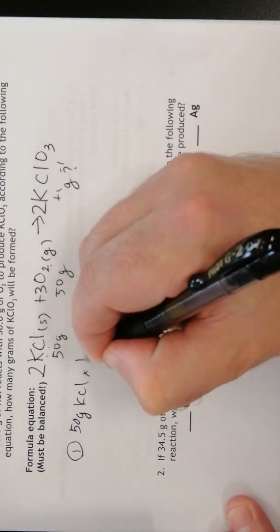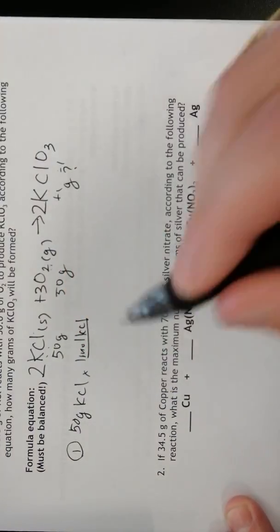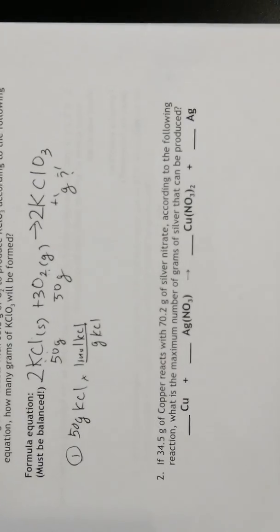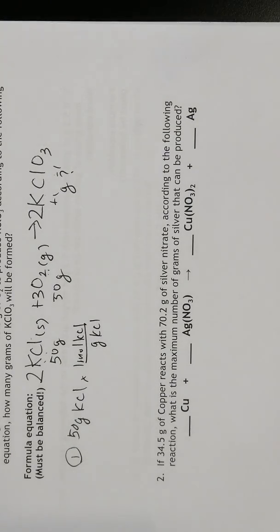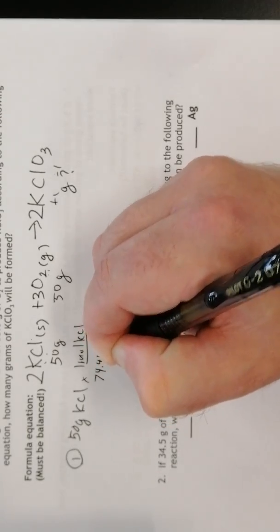So 50 grams times 1 mole KCl over grams KCl. I need to go to my periodic table. Potassium is 39, and since this is a rough comparison, I'm not going to worry too much, and chlorine is 35.45. That gives me 74.45 grams of potassium chloride.